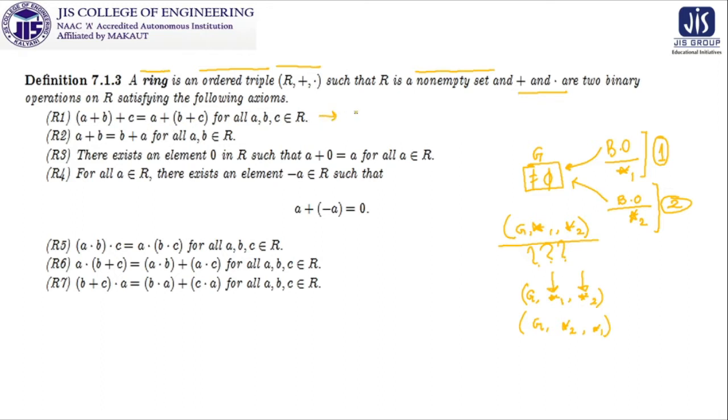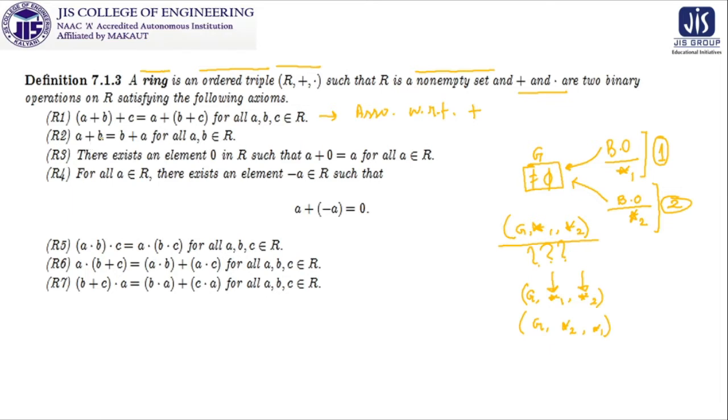What does it mean? It means it is associative with respect to the first operation plus. It is already a binary operation, that means it is closed, but it is also associative with respect to plus.